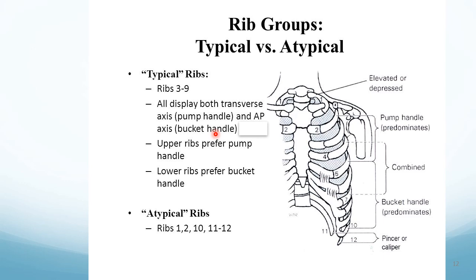On the side, this is called bucket handle, and anteroposteriorly, this is called pump handle. Upper ribs prefer pump handle, while the lower ribs prefer bucket handle. Bucket handle increases the transverse diameter of the thoracic cavity, while pump handle increases the anteroposterior diameter of the thoracic cavity. Atypical ribs include the first, second, 10th, 11th, and 12th rib.